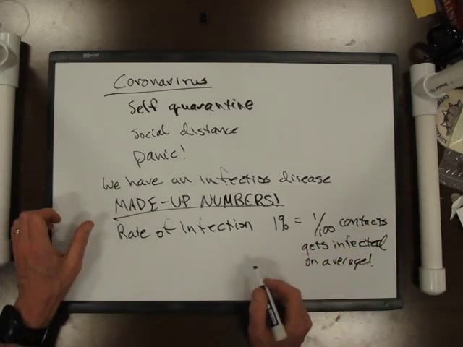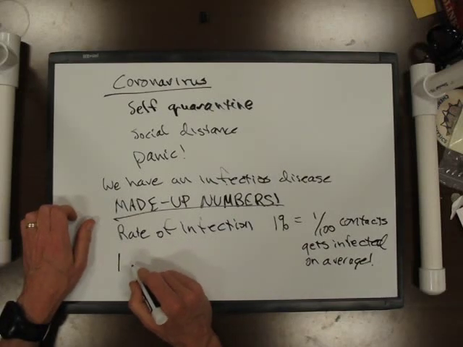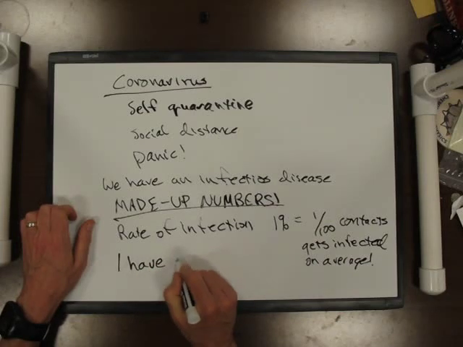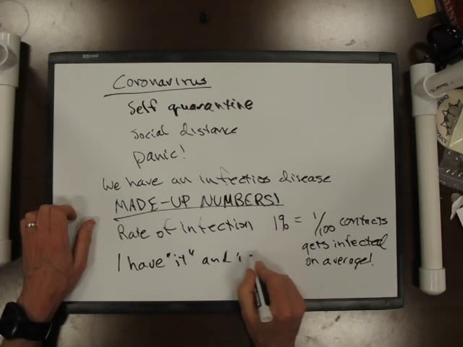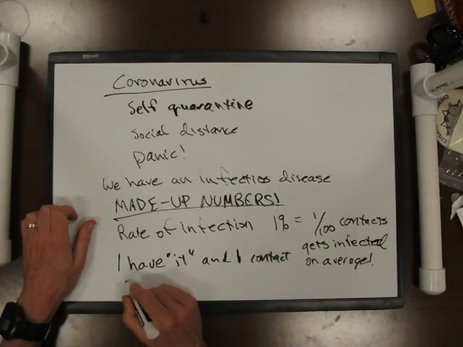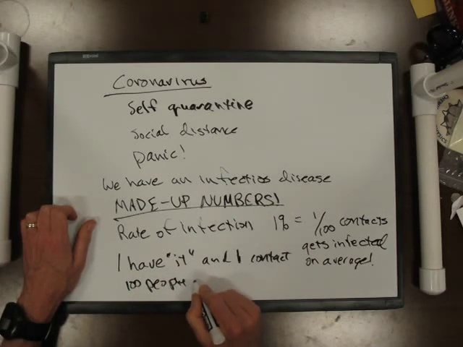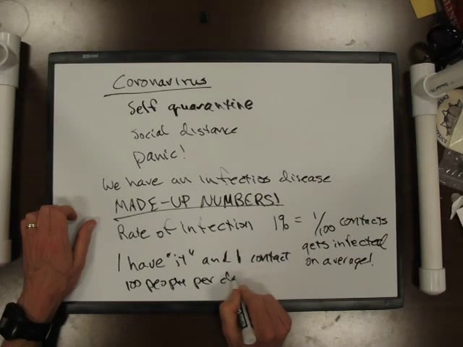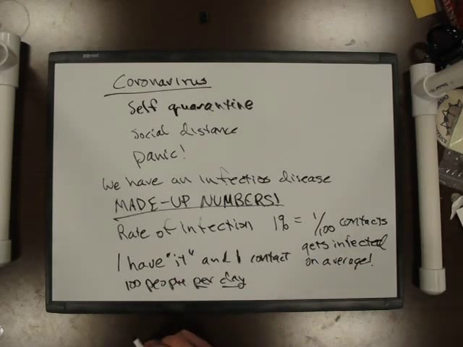And so the second thing I'm going to say is, in this example, I have it. And I contact 100 people per day.